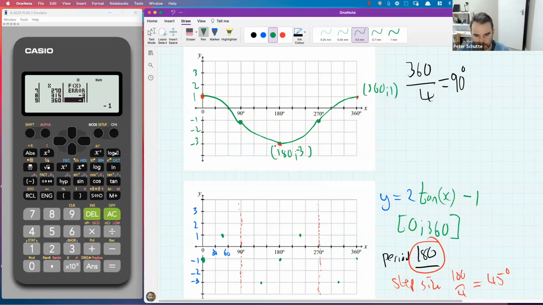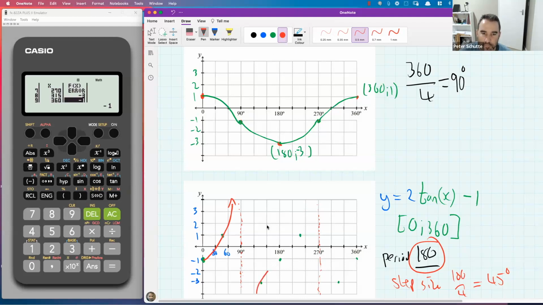Okay, so now we have to think about the shape of the tan graph. And the thing is, if you know the shape of the tan graph, you know what's going to happen here, right? This is just going to be here, and over here, what's going to happen? This would actually be going further down.